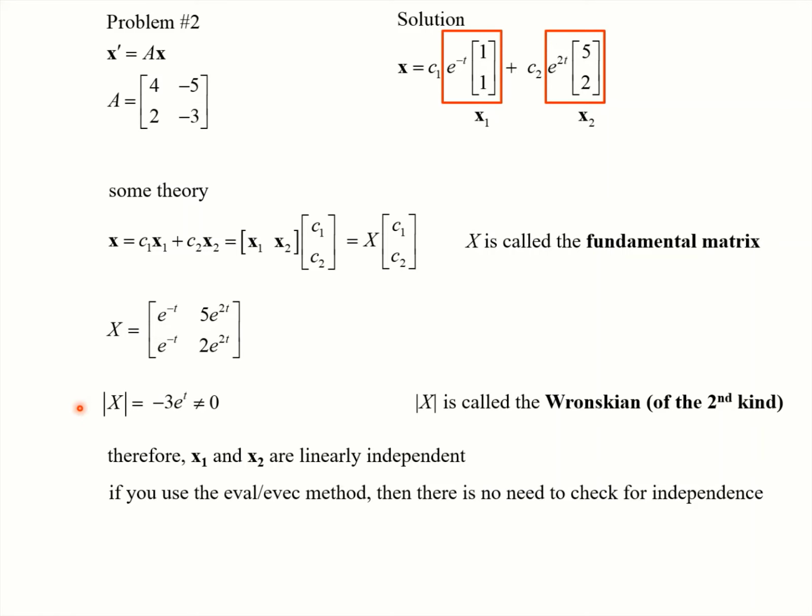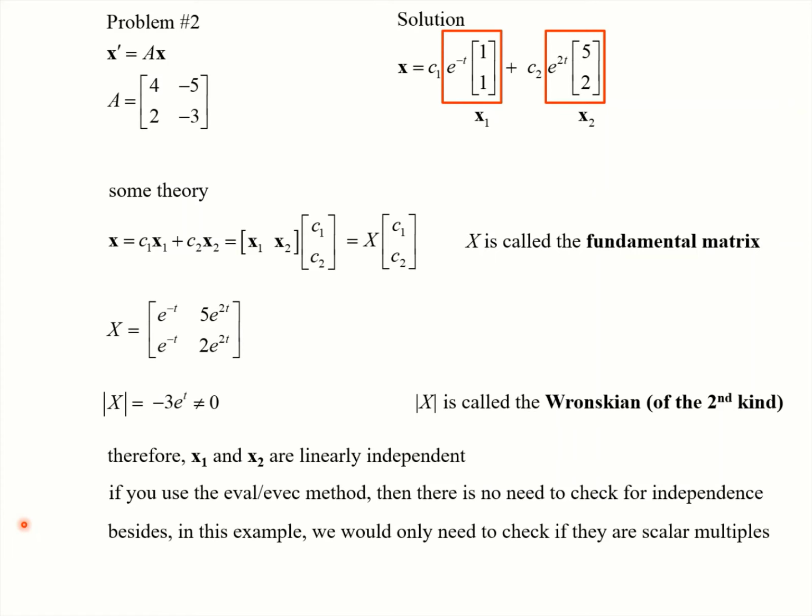Because that's going to come up when we do vector differential equations that are non-homogeneous. And that's coming in like 2 sections from now. And besides, in this example, since we only had 2 vectors, we only need to check to see if they are scalar multiples to see if they are independent, and they are independent.